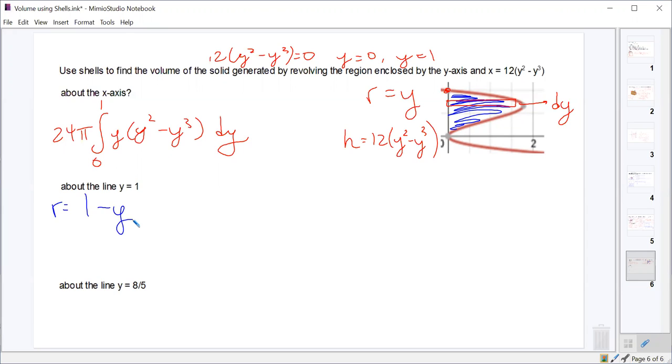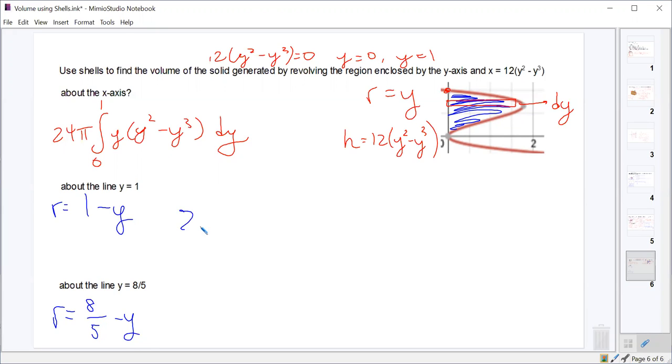What if I went around the line y equals 8/5? What would the radius be? 8/5 minus y. Would anything else change? Would the thickness change? Would the height change? The 2 pi, the limits of integration, the fact that there's actually an integral there, would all be the same.